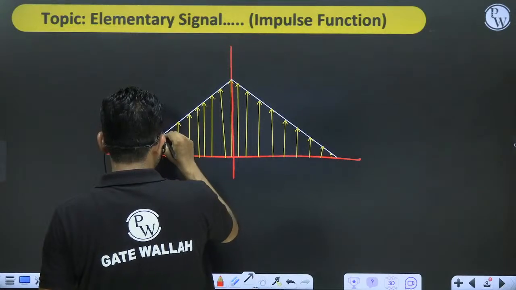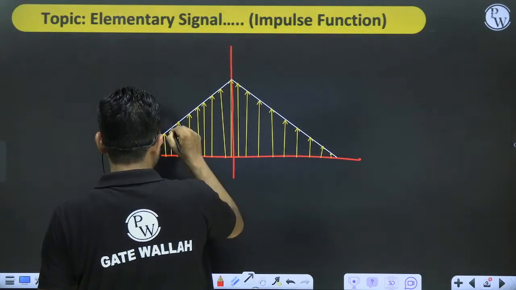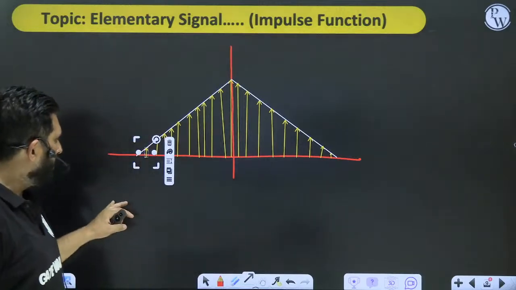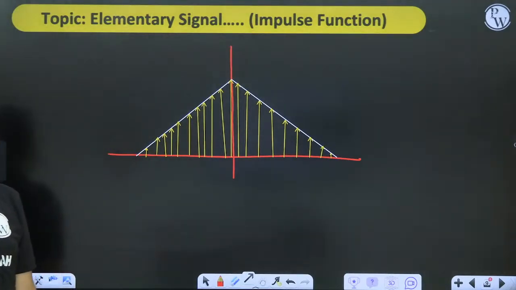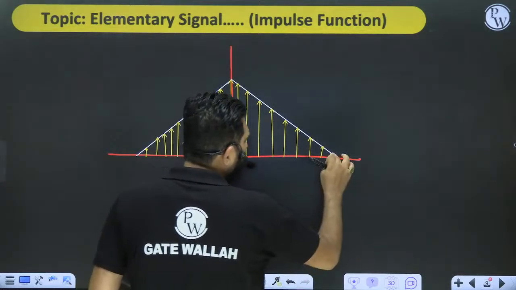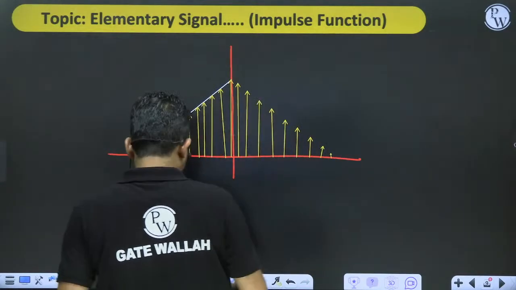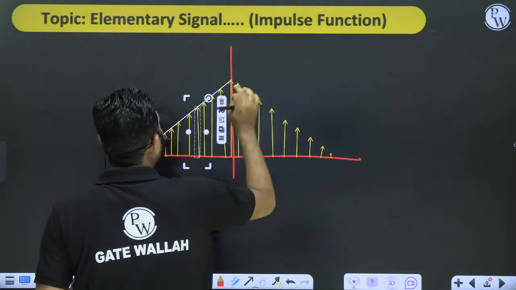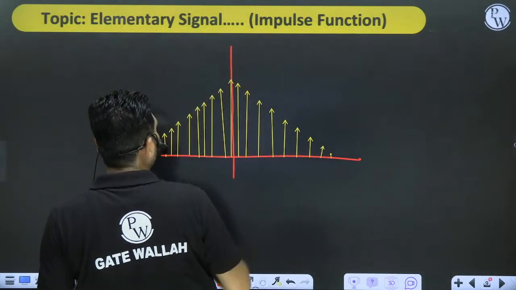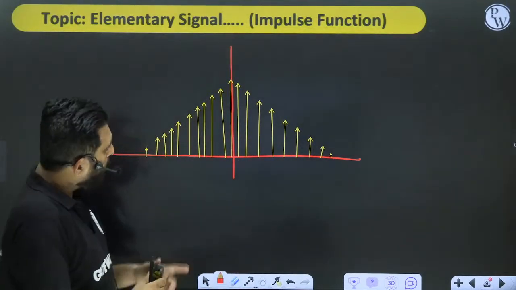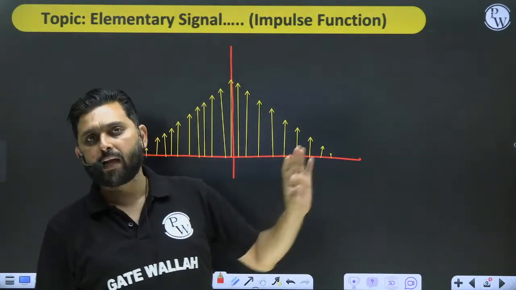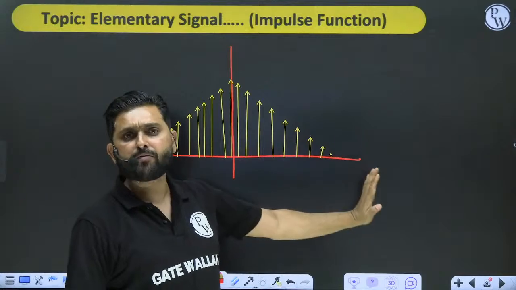In this way, a triangle can be approximated in terms of impulse functions. Now if you remove the peaks and then join all such peaks, you will get a complete triangle function. That is the meaning of an impulse function representation.